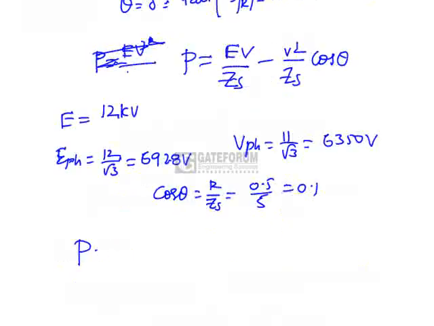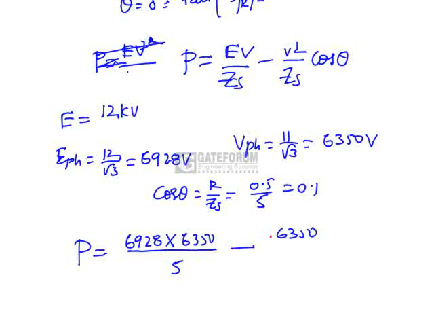Now P is equal to EV, E value is 6928 into V is 6350 by ZS is 5, minus V square, 6350 whole square by ZS is 5, into 0.1.